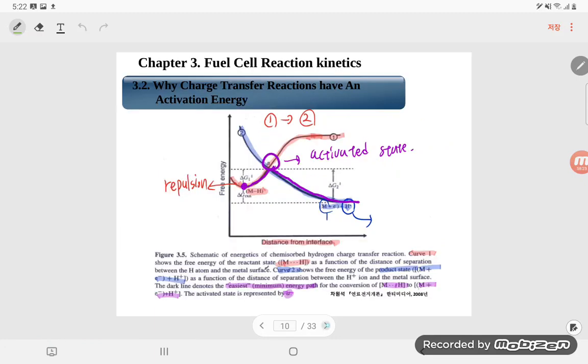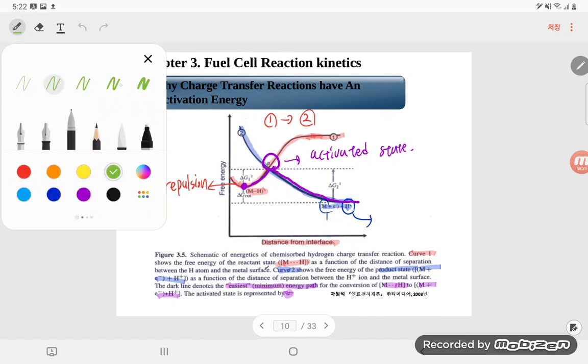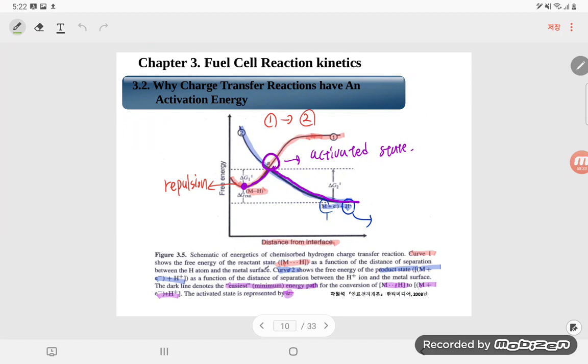If we see this one, what is the probability of the conversion into the activated state from the reactant? That is the P, right? Probability.